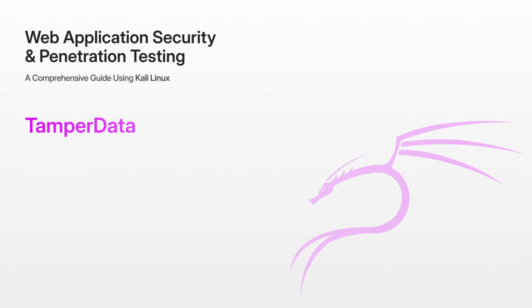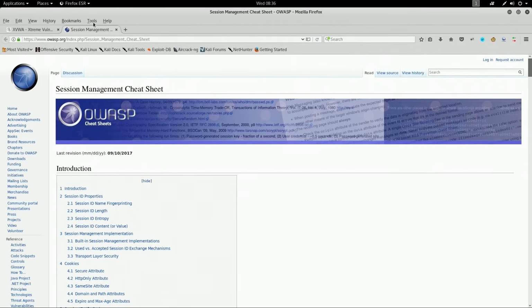Now, one thing that a proxy gives us the ability to do is manipulate requests and responses that are being sent back and forth between the browser and the server. However, there is another plugin that we can use within the browser to manipulate those requests as well.